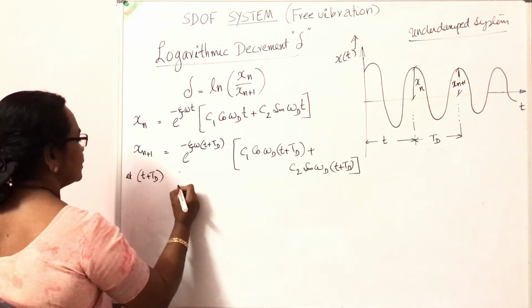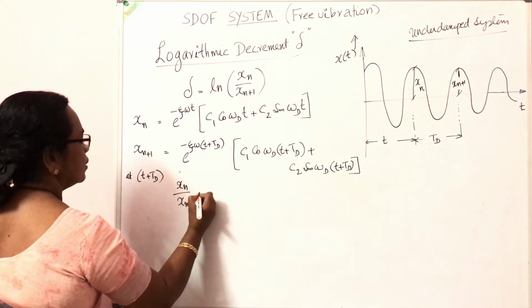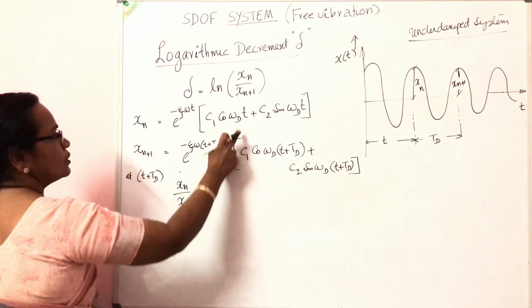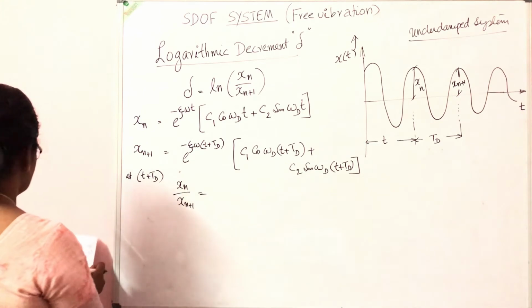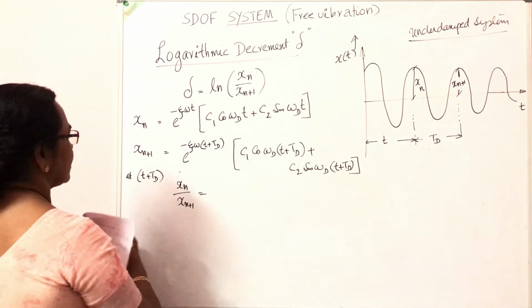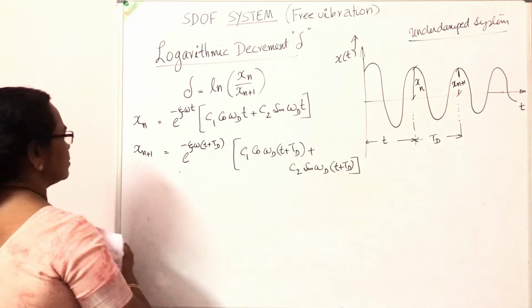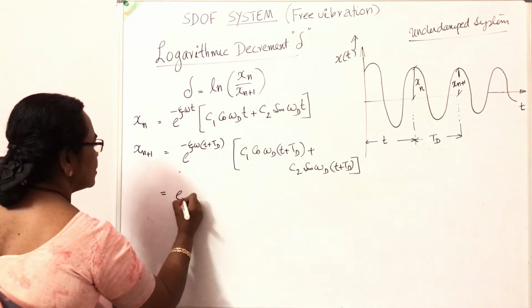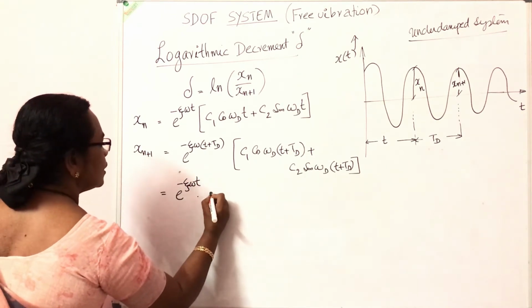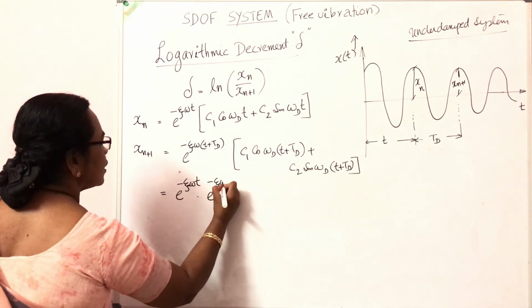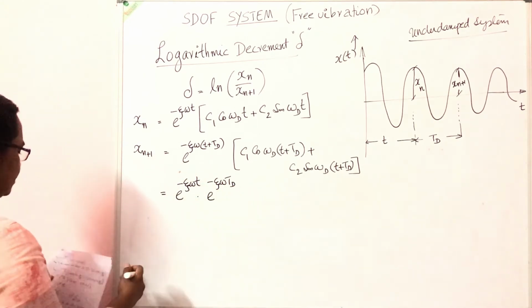Now let us do x n by x n plus 1, equation 1 by equation 2. Before that, one more step I have to write here. We can expand this and write it. So this can be written as e raised to minus psi omega t into e raised to minus psi omega t d.